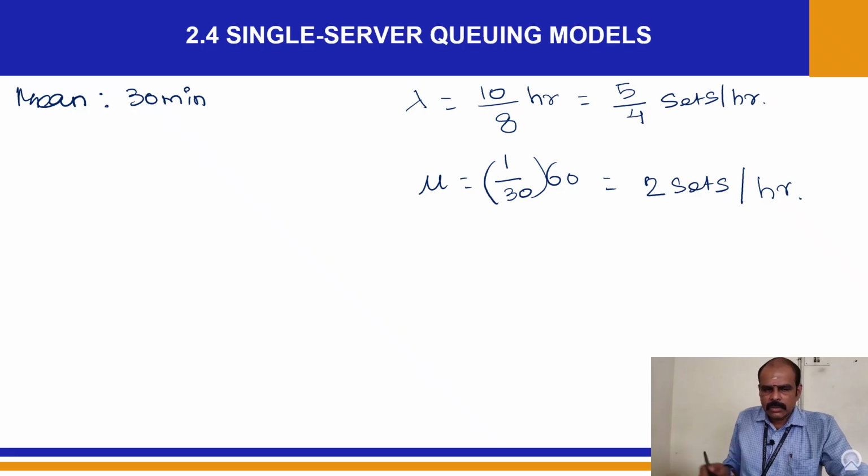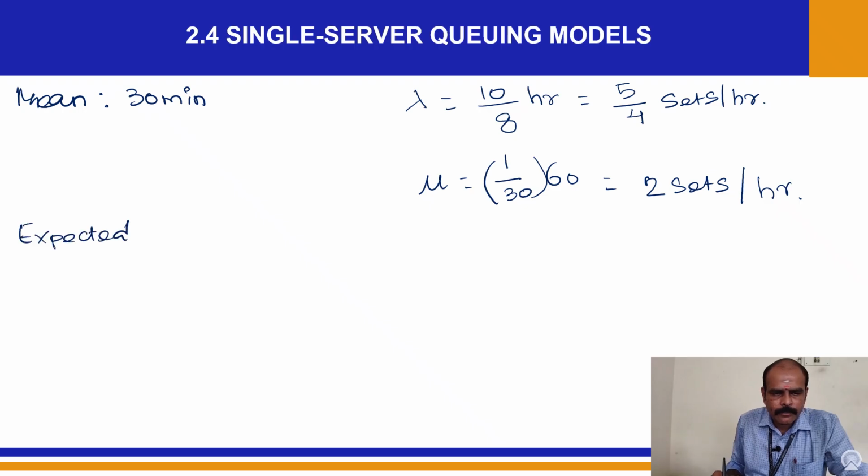Now we'll solve the problem with these two data. Here is the expected idle time, the first question that has been asked. First we'll understand the busyness.